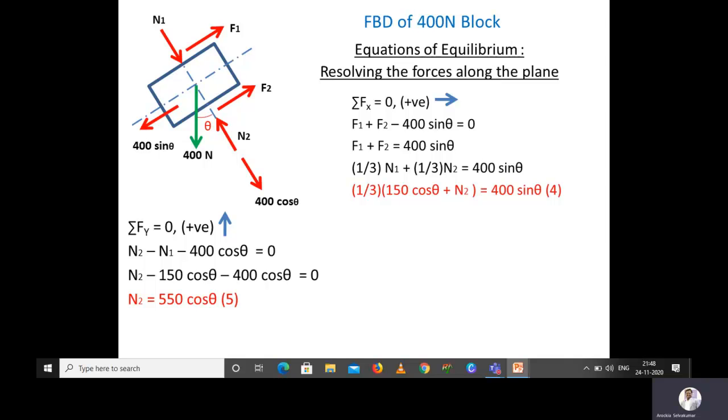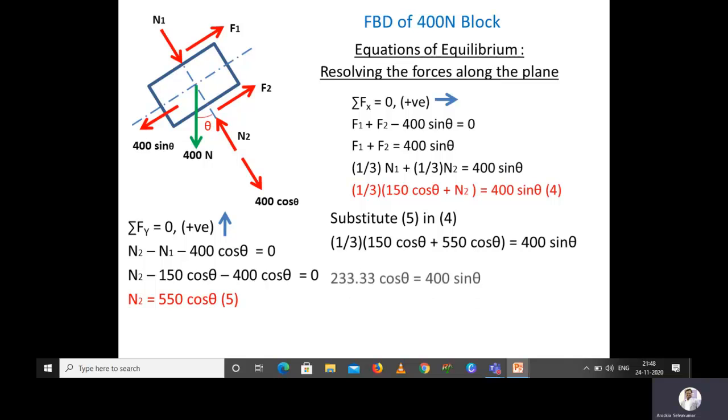If we see equation 4, the value N2 is there, and in equation 5 we have calculated N2 in terms of cos theta. So we can substitute equation 5 in 4 so that we will get the relation 1 by 3 of 150 cos theta plus 550 cos theta, that is N2 value, is equal to 400 sin theta.